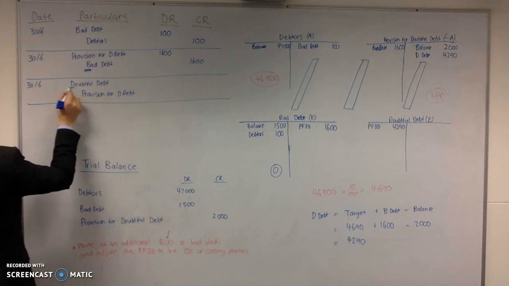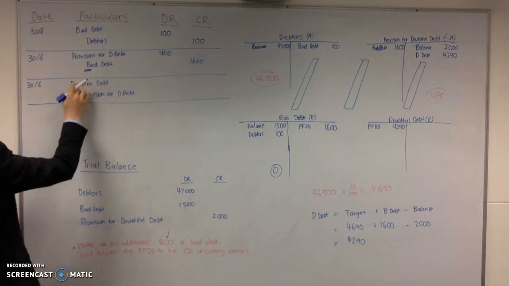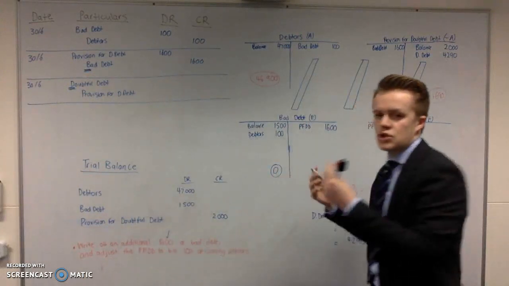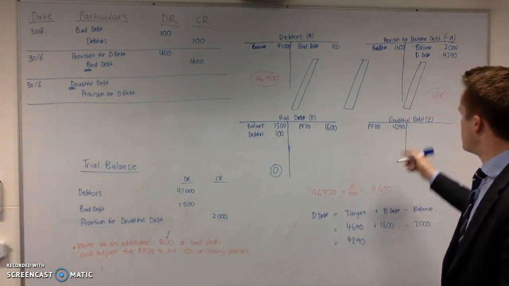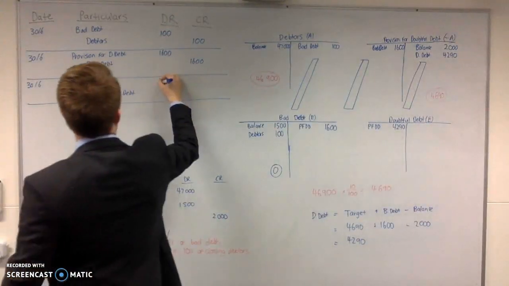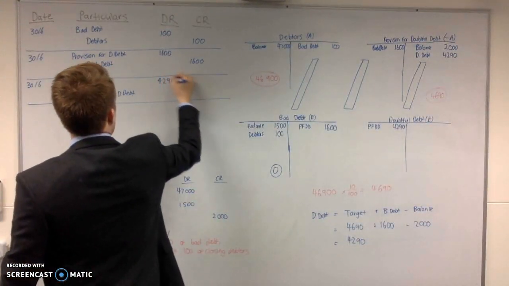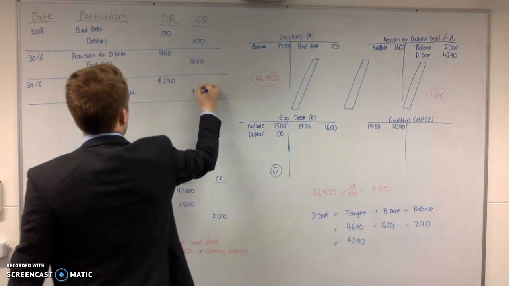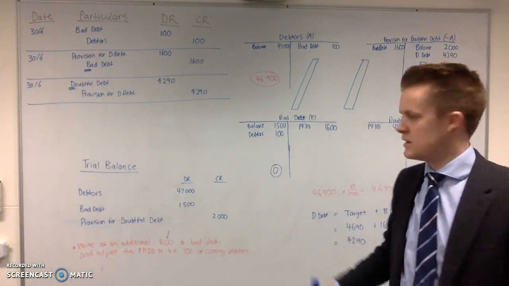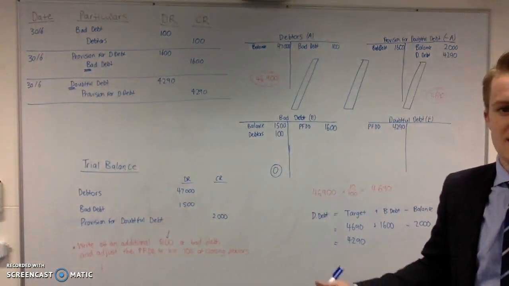So here's the B&D sandwich right here. This amount here, this is us recording the doubtful debt. So it's just this number here, 4,290. So us recording in the journal the doubtful debt existed or it happened. So we're basically done.